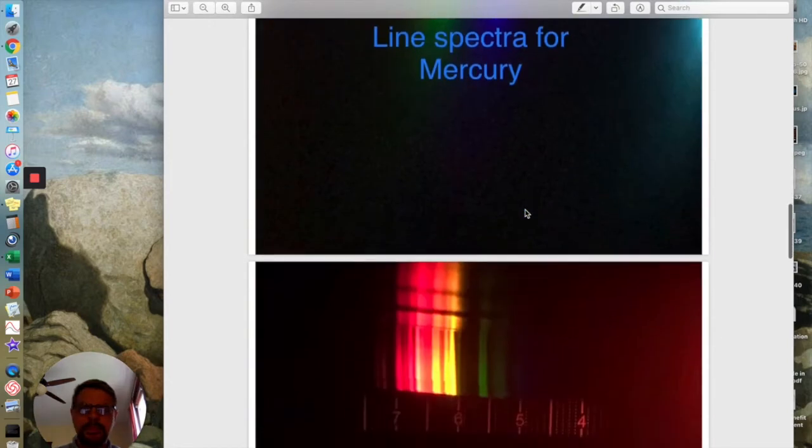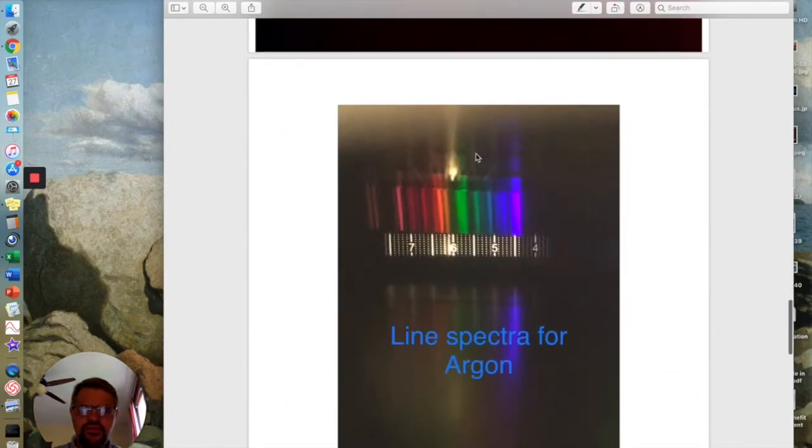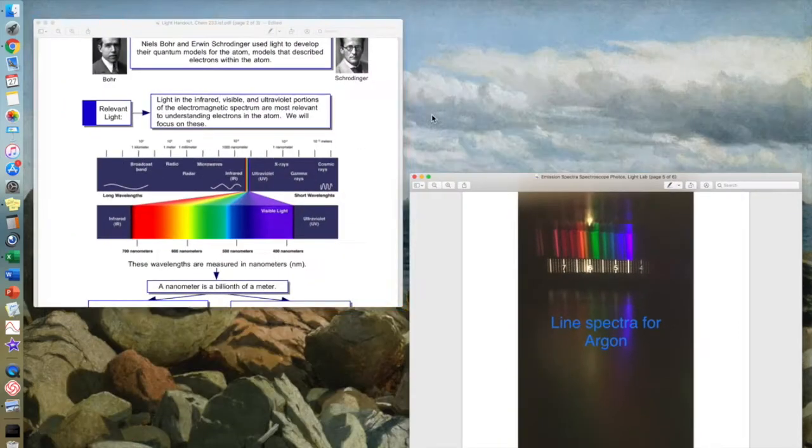Here's neon, where you have a bunch of lines in the orange and red, some green. Here's one more. Argon, you also have a number of lines, a lot of reds there, greens, blues, and violets. So each element, depending on its electrons, gives off its own pattern of specific wavelengths. We call that an emission spectra.